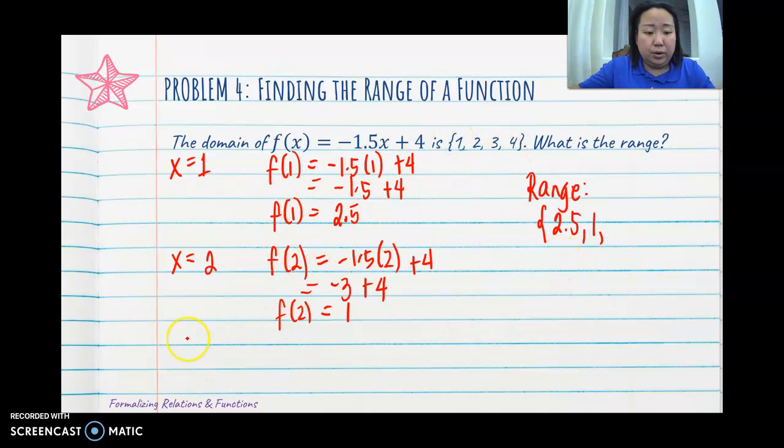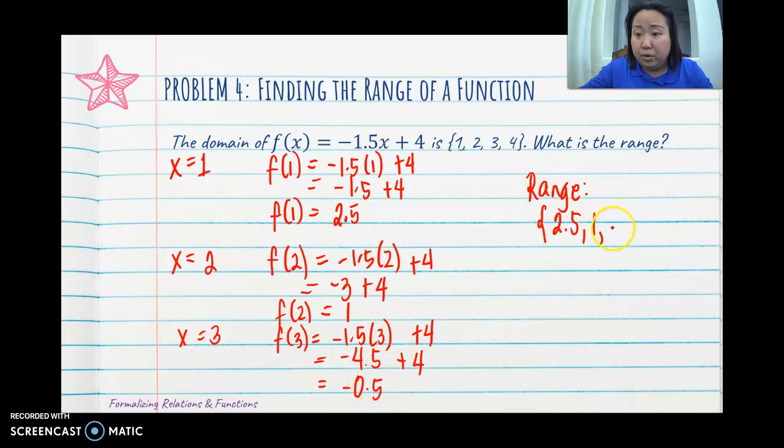If you have 3, just replace x by 3. So f of 3 is equal to negative 1.5 times 3 plus 4. This is going to be negative 4.5 plus 4, and so this is going to be negative 0.5. So you have your third range value, which is negative 0.5.